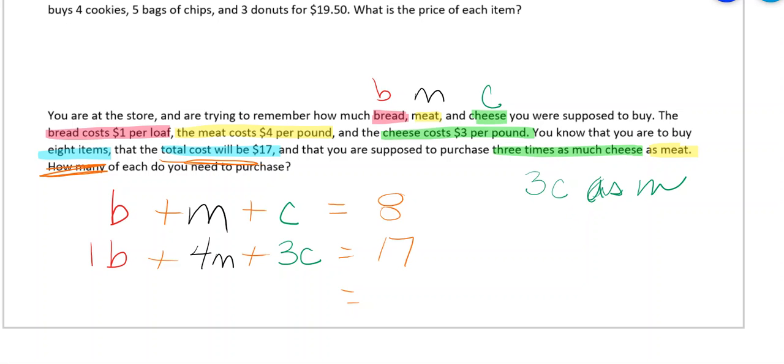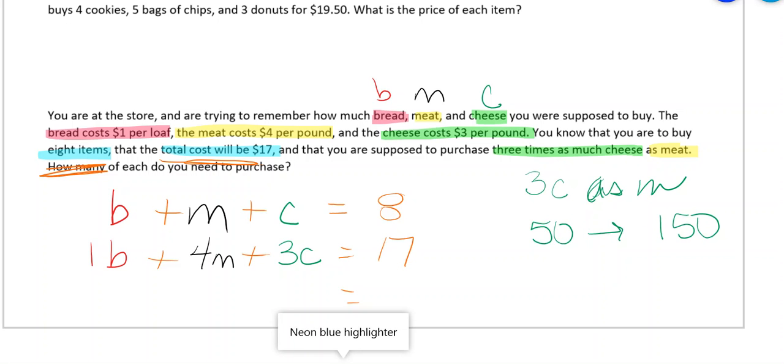Now, if I had $50 and I needed to have 3 times as much as that, that means I have 150. So 3 times, I took meat times 3, so I'm taking 3 times meat to get my cheese. That's the setup of the equation.